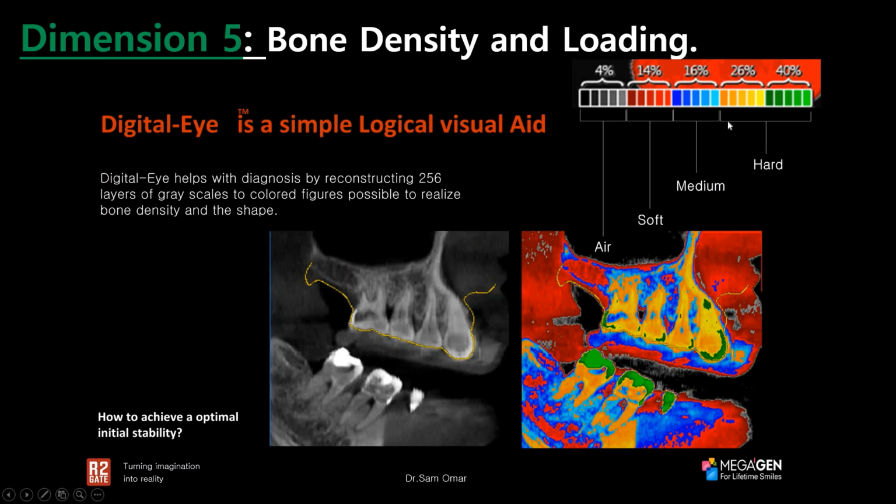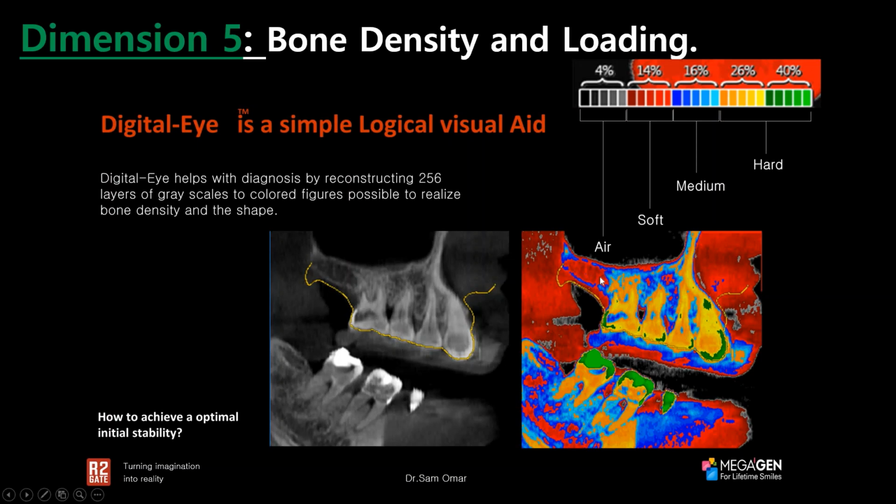If we look at the top with the density scale, it shows that this type of bone is actually high density bone. The more we go towards the posterior, you'll find that the density of the bone decreases. What we see here in this area, the predominant color is blue. If we translate what the blue color means in the digital eye scale, you'll find that this actually means medium density bone. The more you go towards the posterior, the density decreases.